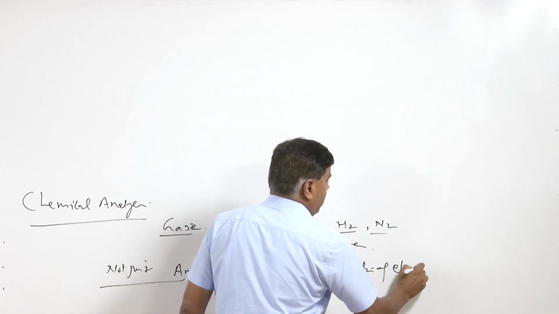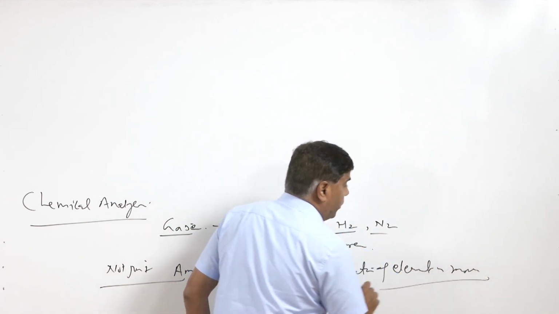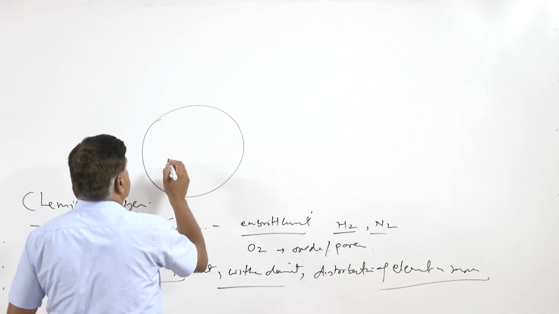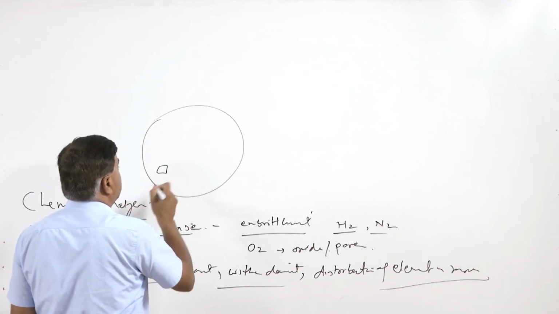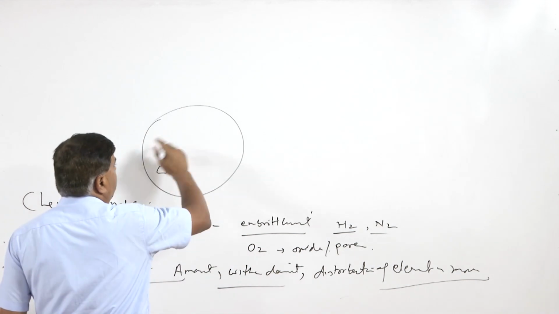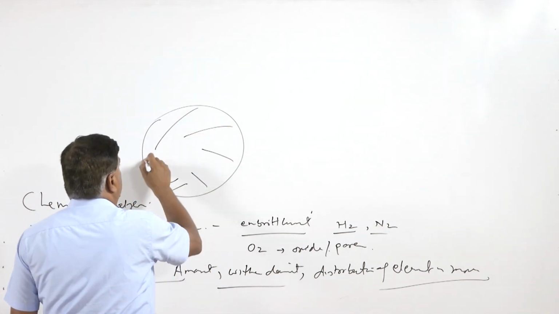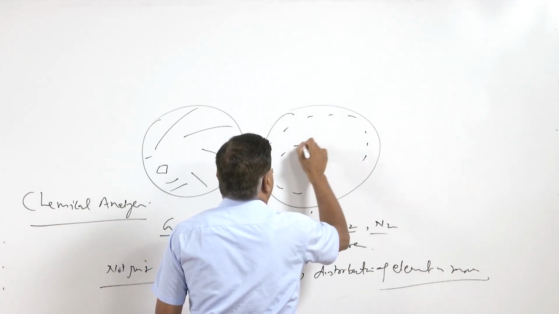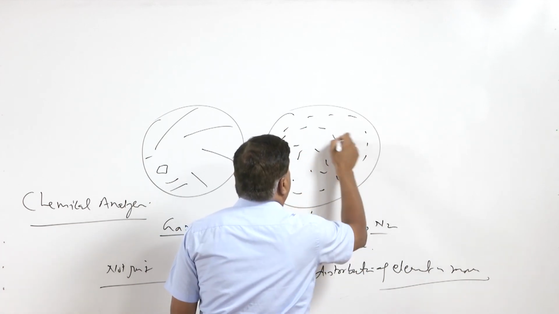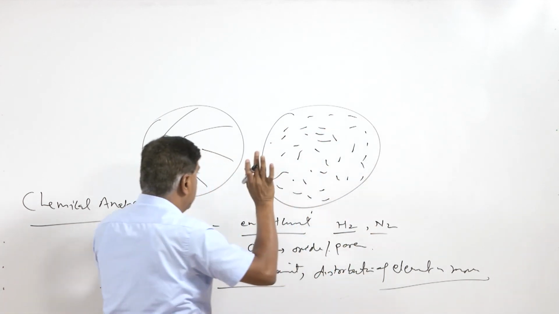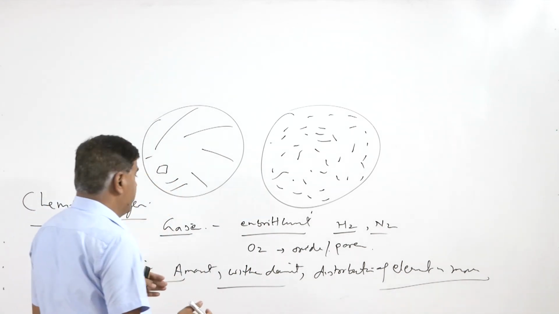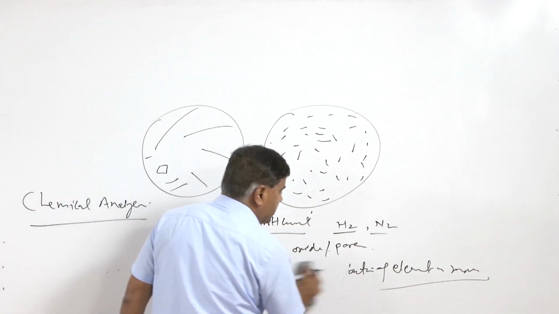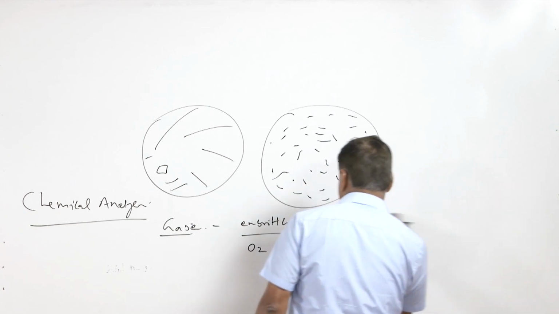This is because if a particular element has been segregated in a particular location, it will not be able to offer its effect in the entire mass of the component, while if it has been well distributed in the matrix, it will be able to offer the desired change in microstructure and the desired properties. So homogeneity is more important than the exact amount, but of course the amount variation has to be within the limits.